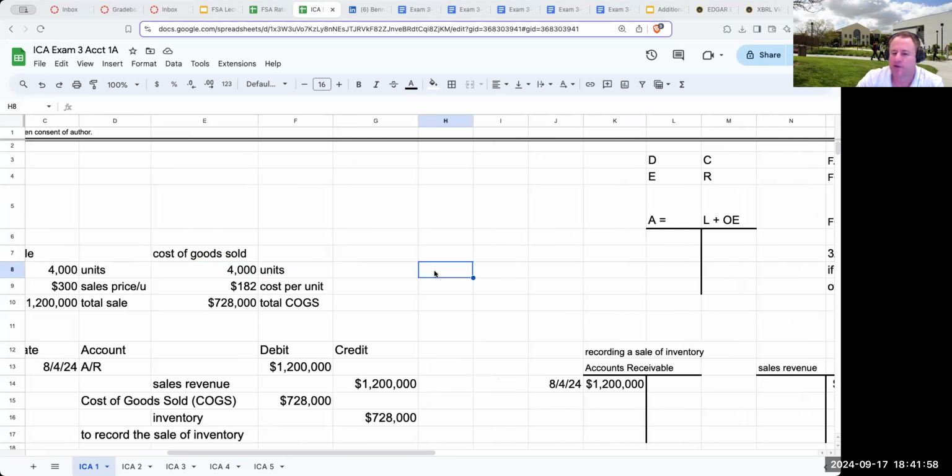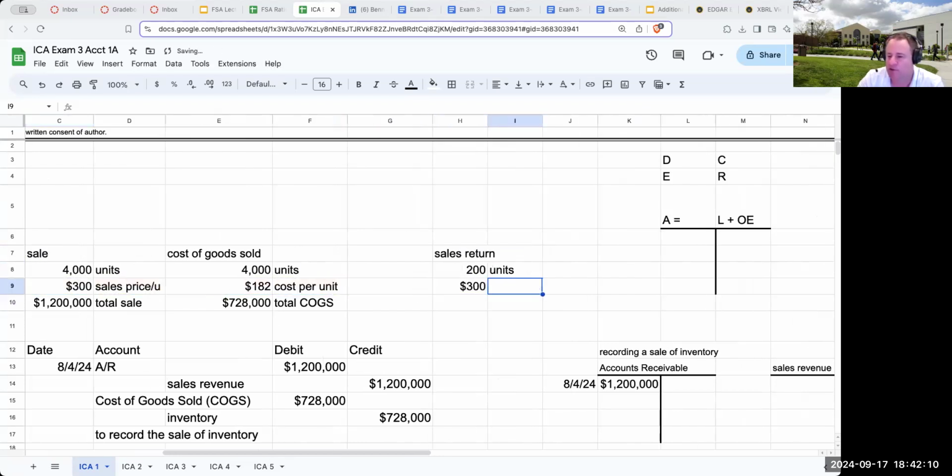So, what that basically means is I'm getting the inventory back from the customer. So, my sales return is basically going to be 200 units. Now, if the customer is giving me back units, that basically means they're not going to be paying me 60,000 bucks, because why would they pay if they're returning them, right?